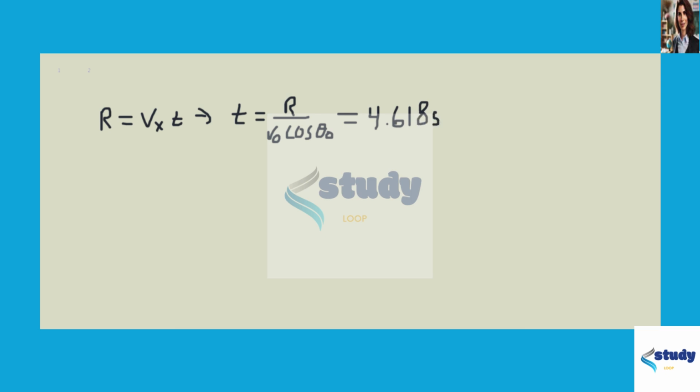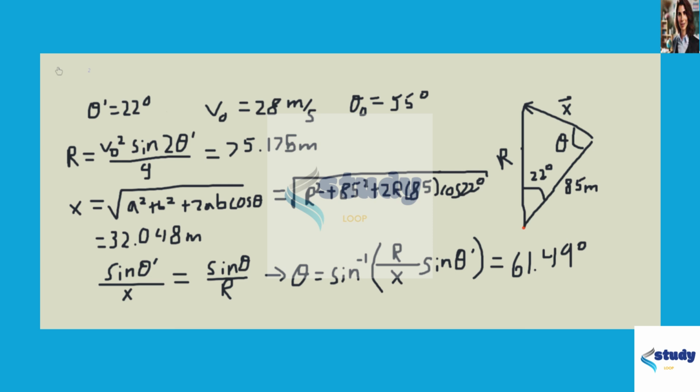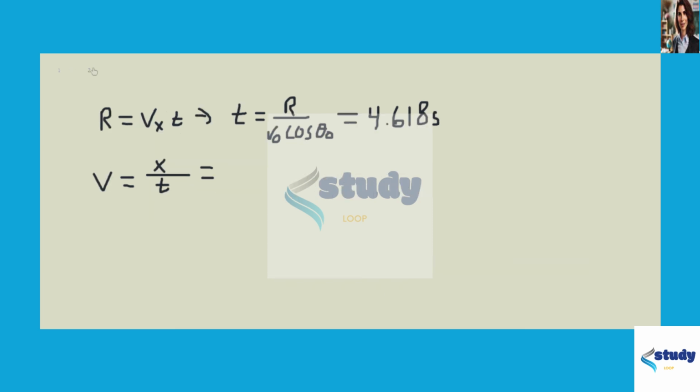Okay, now that we have the time, we can find the average velocity, which is equal to the distance, X, divided by the time. This is the average velocity of the runner. For X you plug in 32.048 meters, and for time you plug in what we just found, 4.618 seconds.